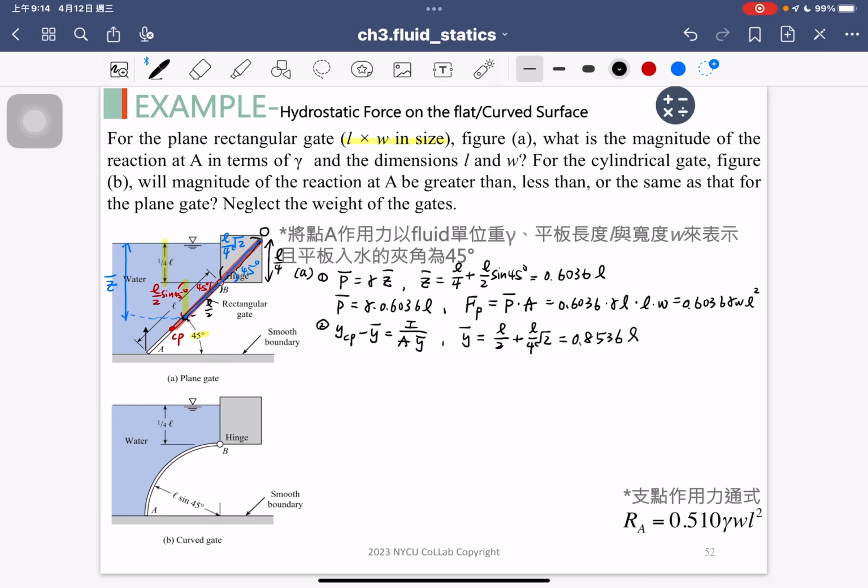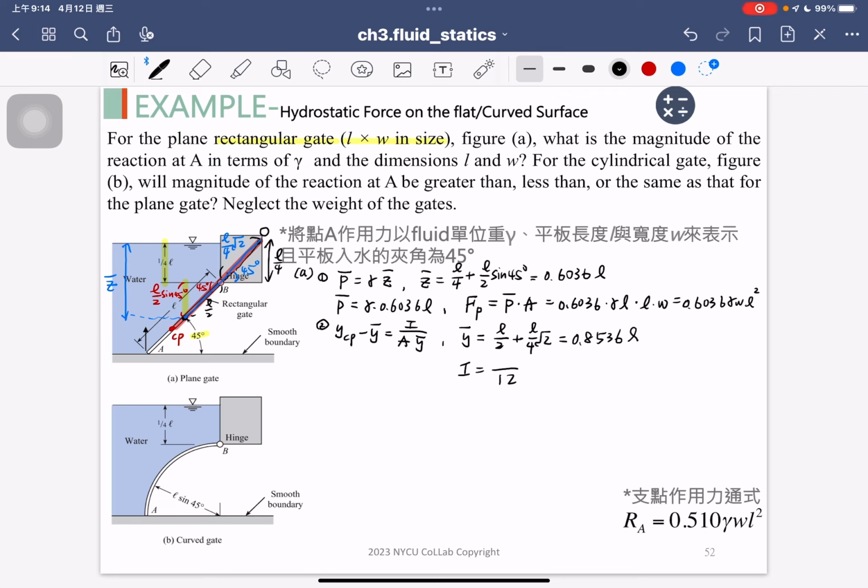Second, we need to know how large the second moment I is. As we know in here, this is a rectangular panel gate. So the second moment I will equal to 1 over 12. And right now, the rotating axis is into the paper.